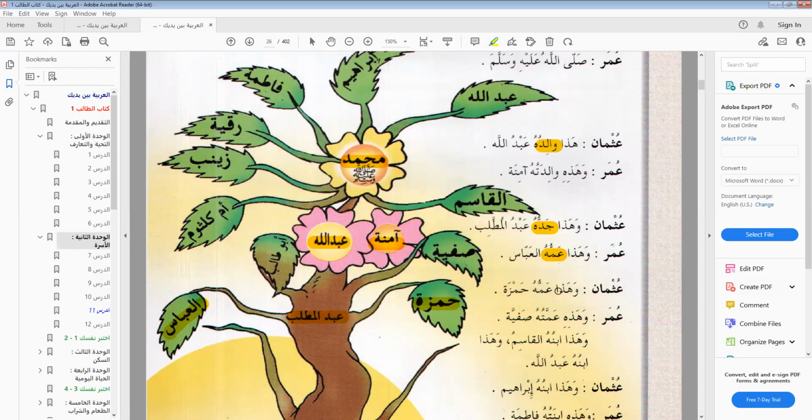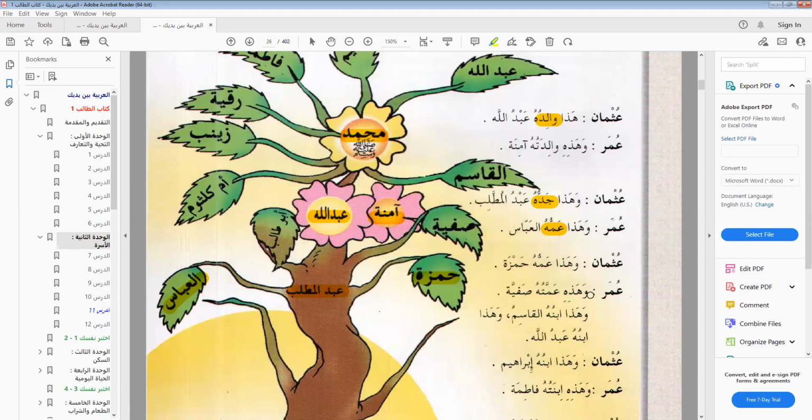Then it goes on and says, wa hadhihi ammatuhu Safiyyah. Ammatu, with the addition of the ta. Ammu and amma, the ta has been added. It tells you this is the aunt. So this is Safiyyah, the aunt of the Prophet.